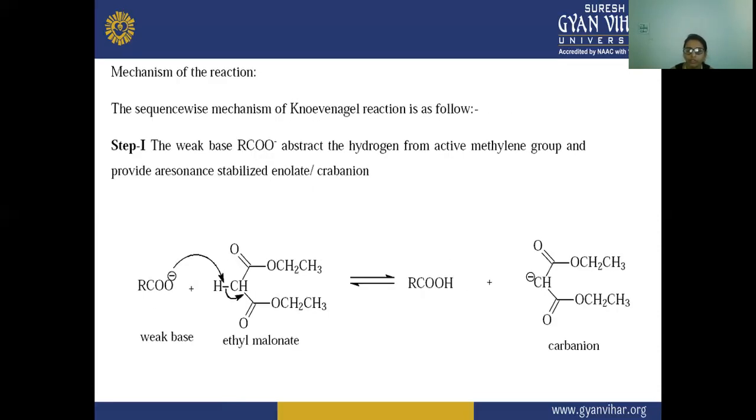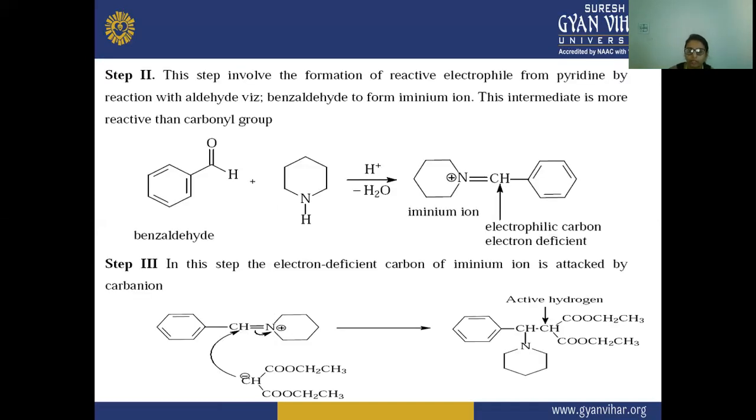The sequence-wise mechanism of the Knoevenagel reaction is as follows. In step 1, a weak base, RCOO-, will extract the hydrogen from the active methylene group and provide a resonance stabilized enolate carbanion. Next, in step 2, the step involves the formation of a reactive electrophile from pyridine by reaction with aldehyde, which is benzaldehyde, to form an iminium ion.